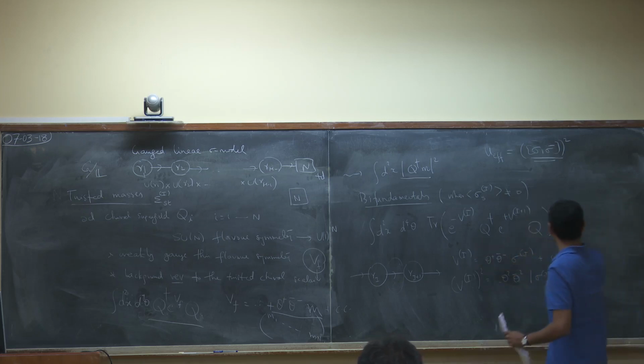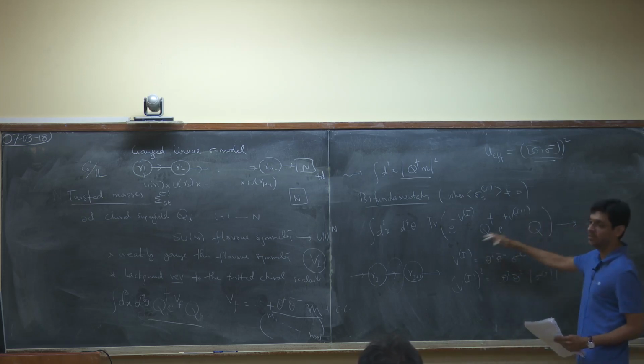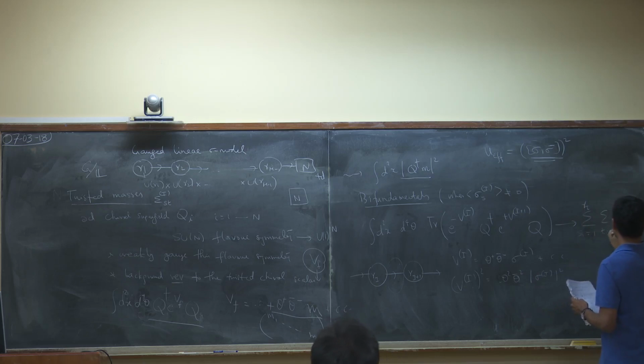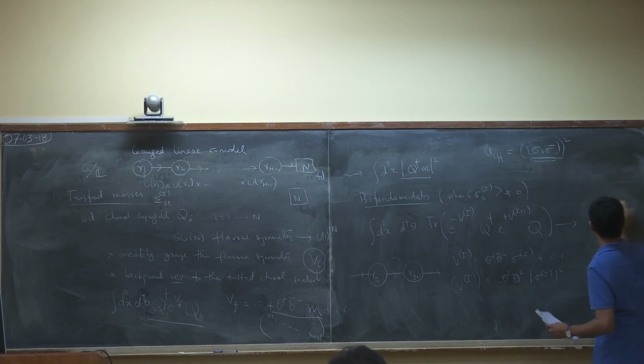If you trust me, and just look at the non-derivative terms, what you'll find is the following. I get s going from 1 to R_i, t going from 1 to R_{i+1}, so my field is bifundamental. And what you get is sigma_s. Let me write this properly.